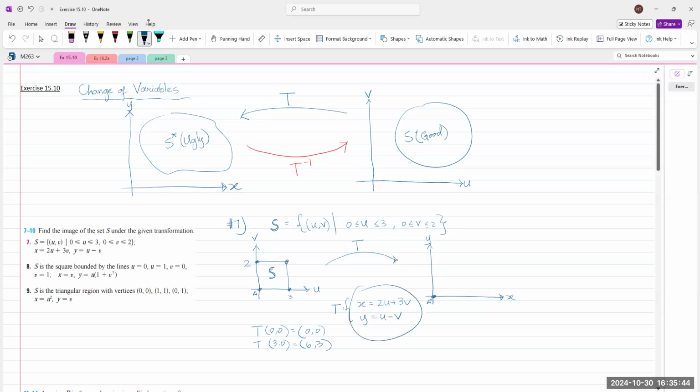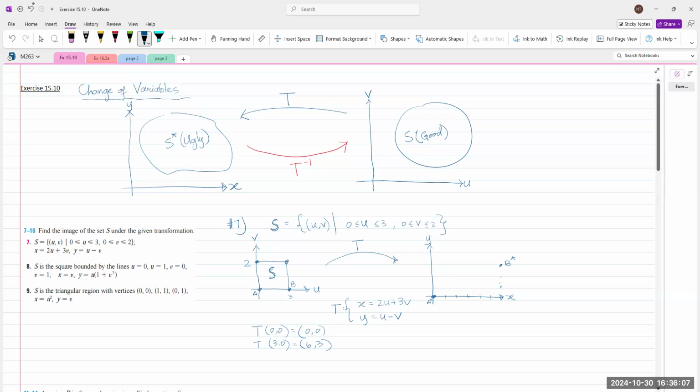I plug that in here. So (6, 3), let's say this is 1, 2, 3, 4, 5, 6, up 3, 1, 2, 3. This is the image of B, this is B star.